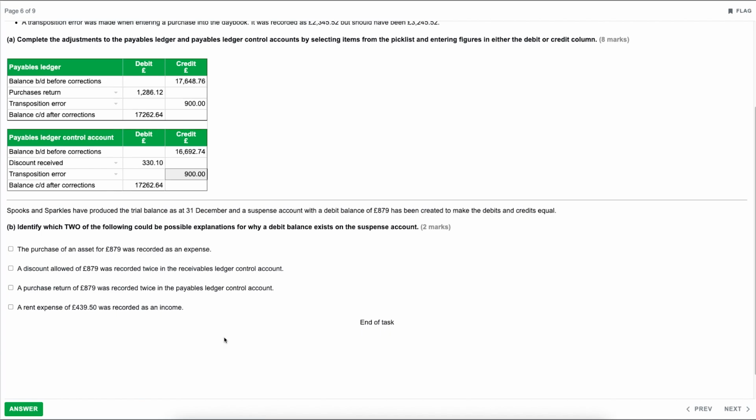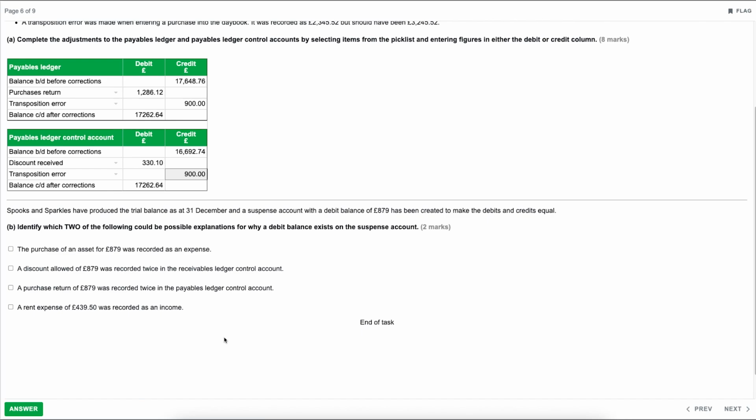The next one, a discount allowed of £879 was recorded twice in the receivables ledger control. Well, this is going to cause an imbalance. What we need to check is, will it make our debits too low or will it make our credits too high? In which case it could explain why there's an £879 suspense account balance, with a debit balance, should I say.